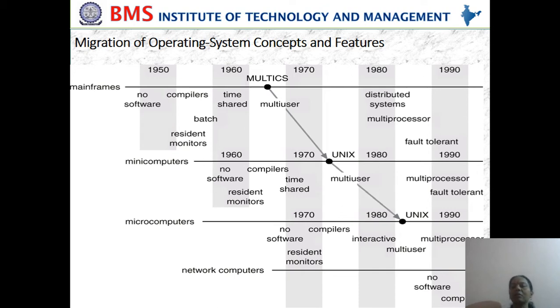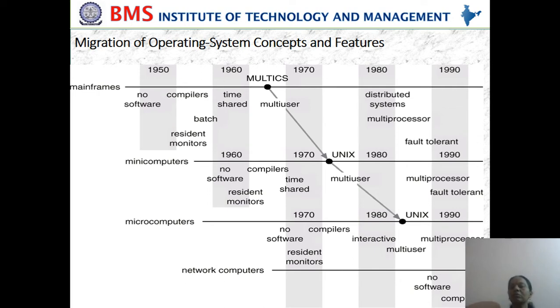So the multiprocessor came in the 1980s. And in minicomputers also there was an advanced improvement in the 1980s. Slowly, in the 1970s they had started with the Unix operating system, and multi-user also started in that. And microcomputers started, having a compiler, interactive, multi-user. Even there, network computers also started.